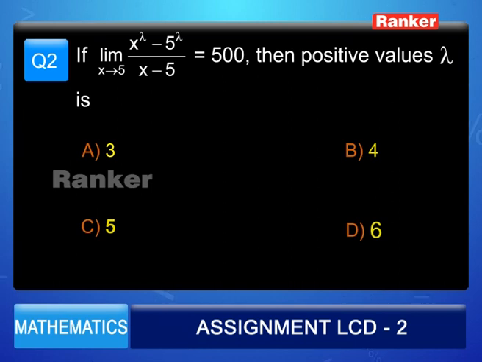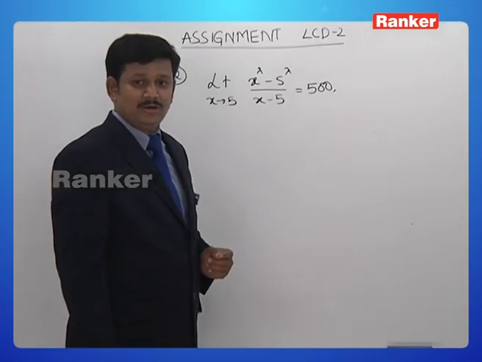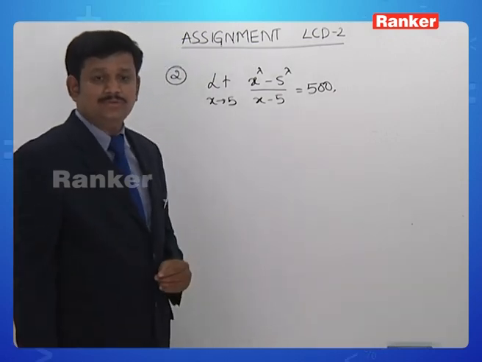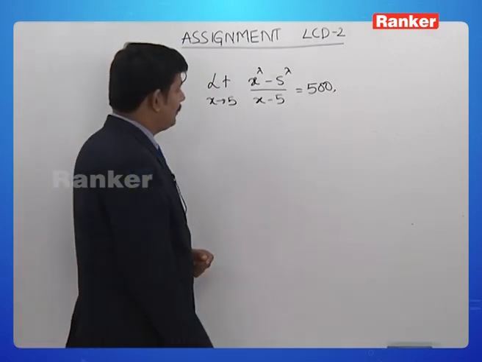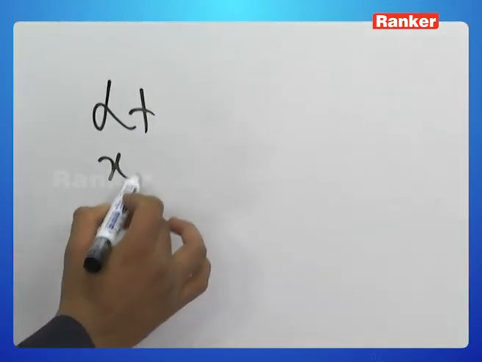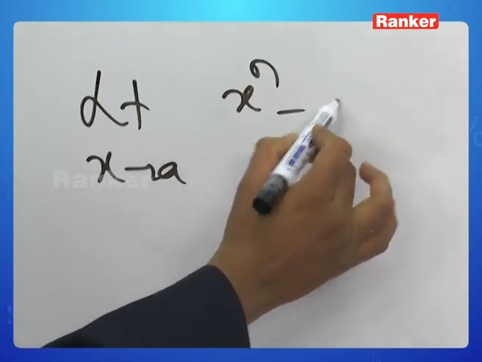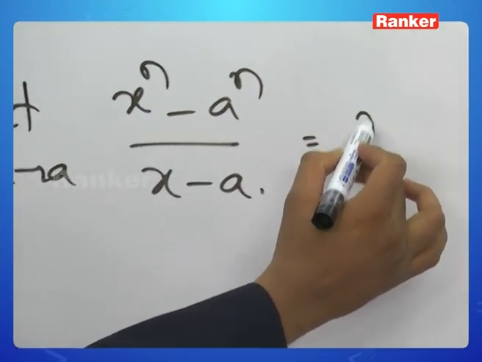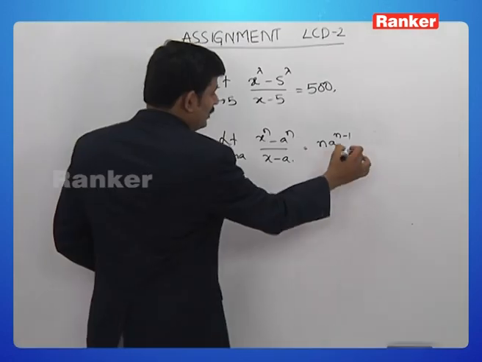We have to find the positive values of lambda. Now, this question is in a standard format of limit x extending to a, (x power n minus a power n) divided by (x minus a), and we all know the answer, it will be n a power n minus 1.